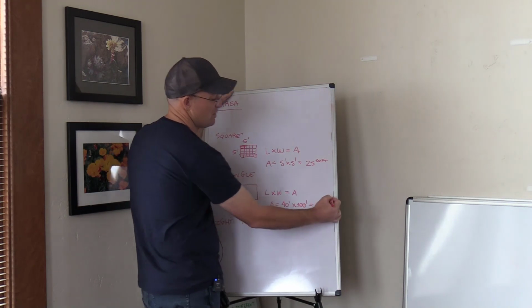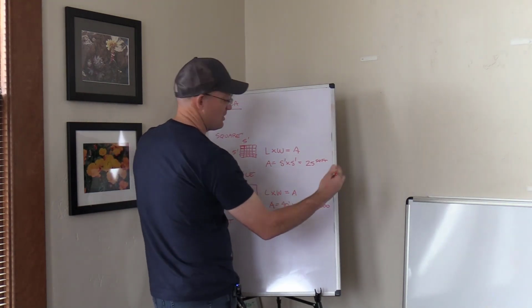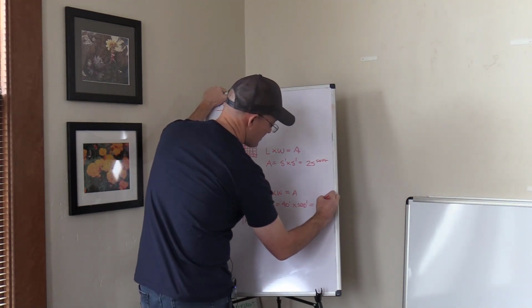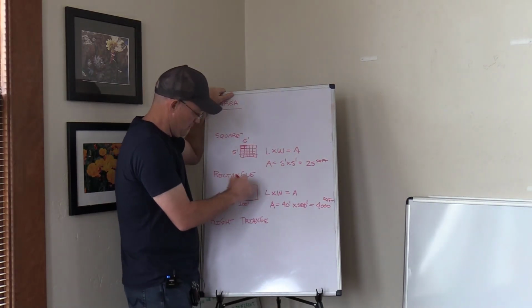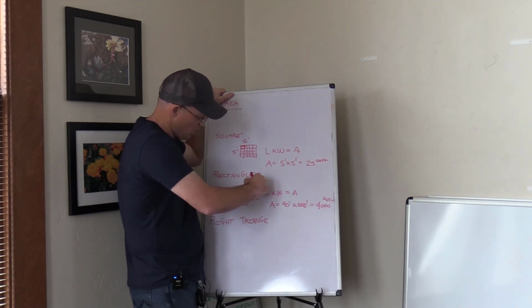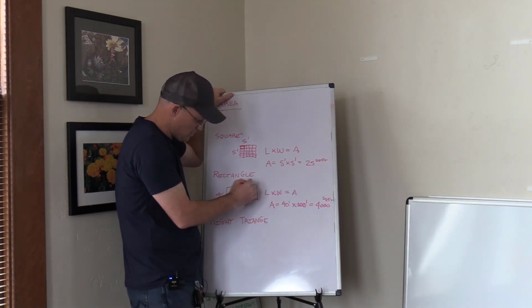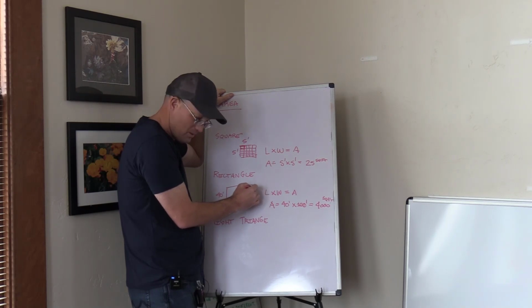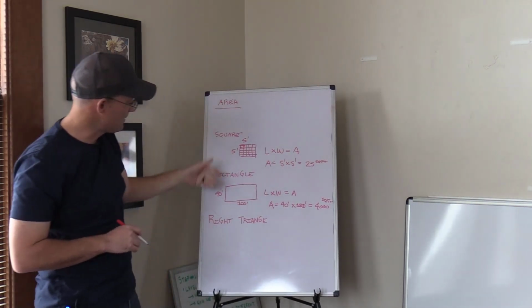Not 4,000 feet, that's linear. Remember, area is square feet. If you drew 40 rows and 100 columns here, you would have a bunch of squares that would be 1 foot by 1 foot. There'd be 4,000 of them in this rectangle.